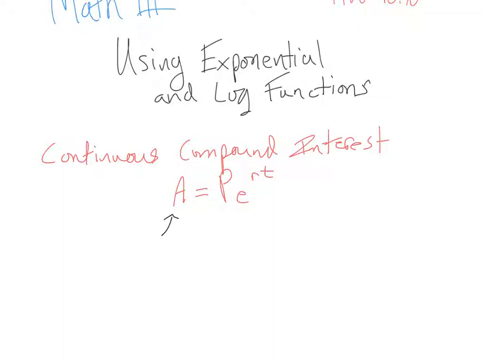This A is the amount at time t. This P stands for your initial amount.